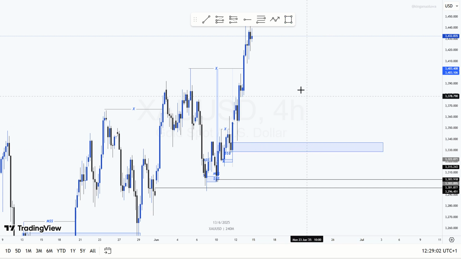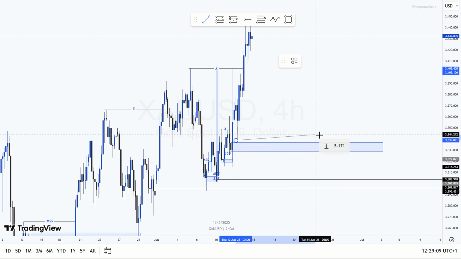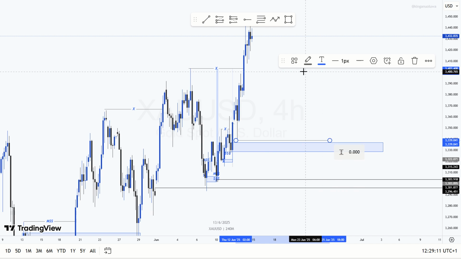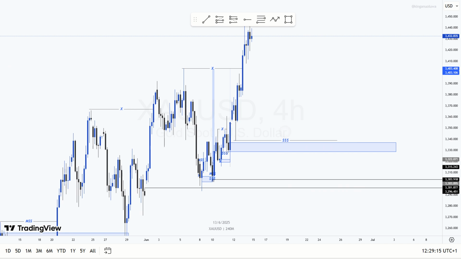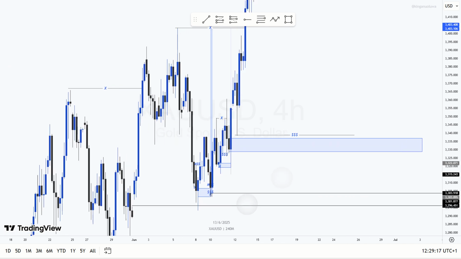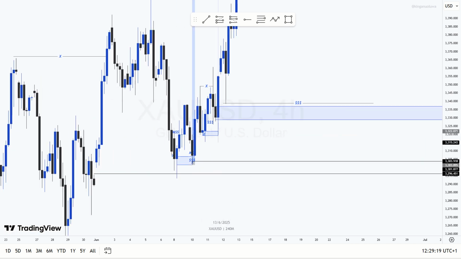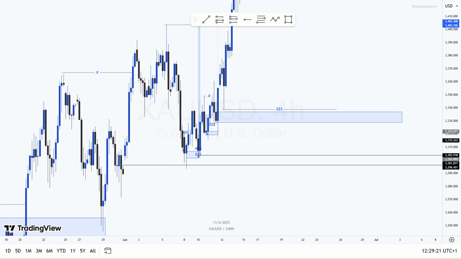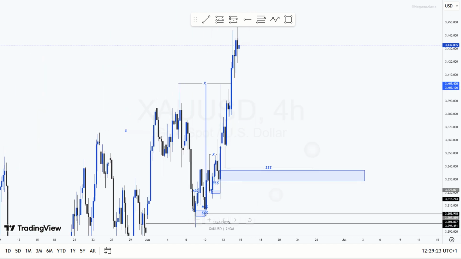And where's my liquidity? This is my liquidity, this pullback, that pullback that didn't touch the OB right there. That will be my liquidity. So this is the POI I'm looking forward to buy gold from next week.